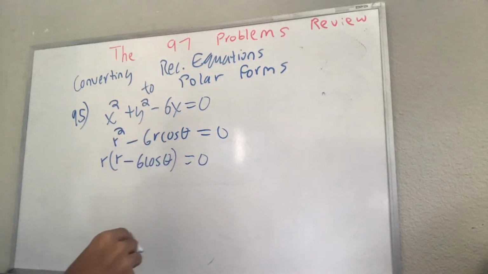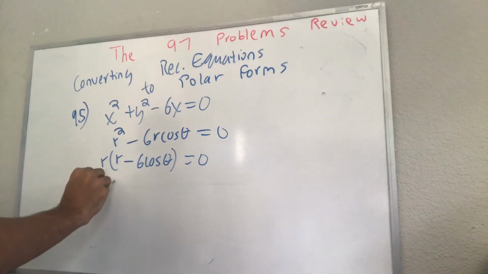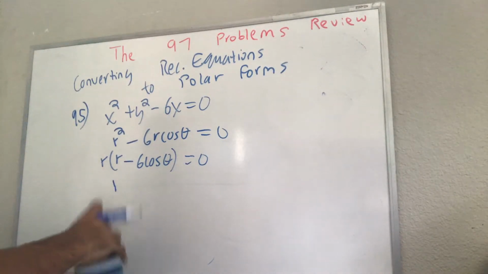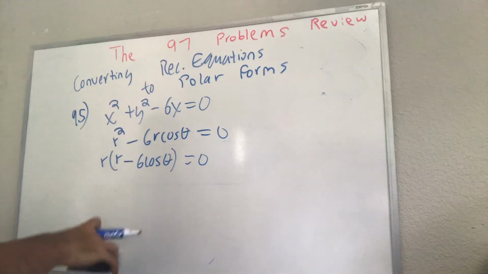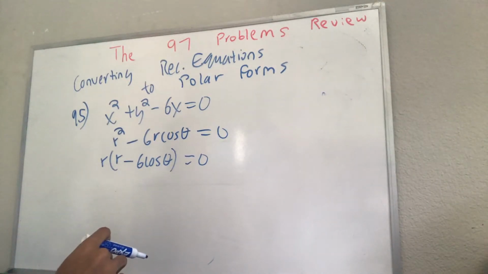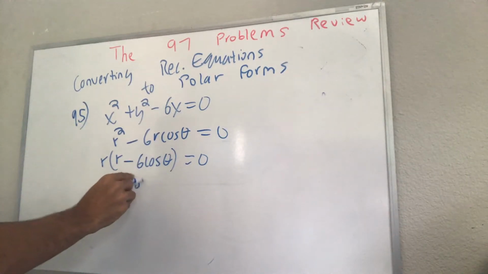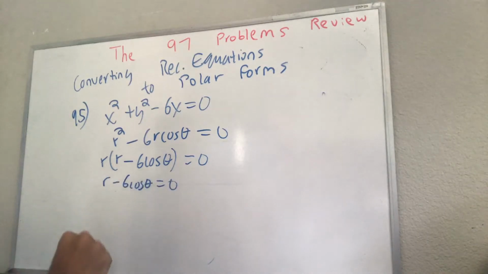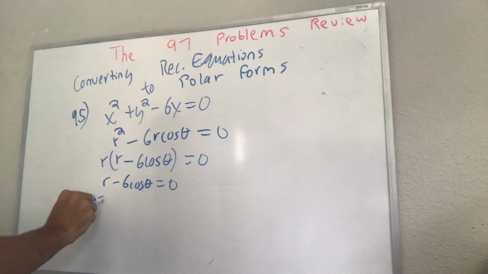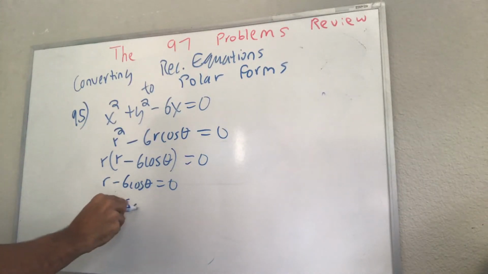Well, you can divide both sides by r, so the r goes away, and you're left with r minus 6 cosine theta is equal to 0. And if you think about this, you can write this in terms of r. That's a good thing. So you can say that r is equal to 6 cosine theta.